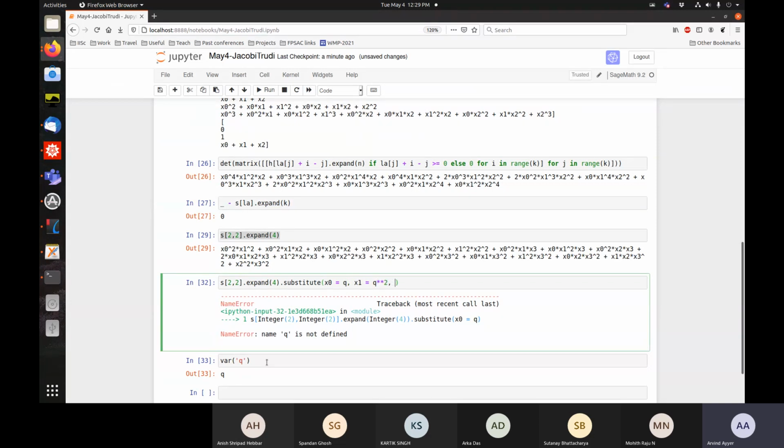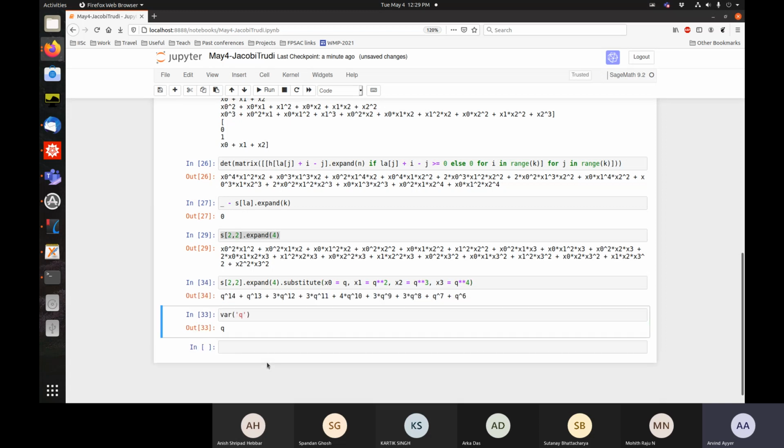You should not use the power symbol, the caret, because Sage gets confused, thinking it's the XOR operator, and x3 is q to the 4. Okay, we have that, and now let's factor that expression, and we get this.